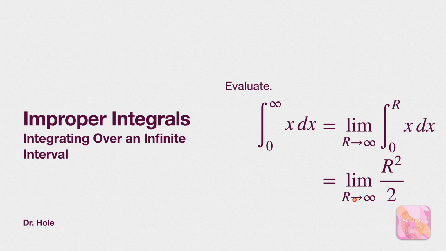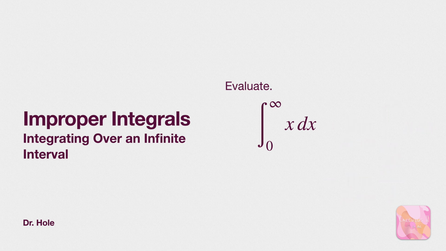Since we're letting r go out to infinity, r squared will tend towards infinity. Infinity is not a real number. Thus, our improper integral, we say, diverges. Very good.